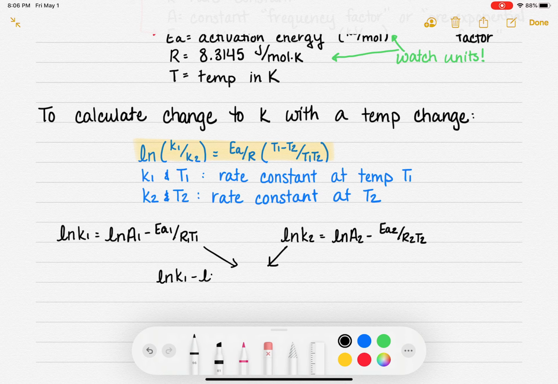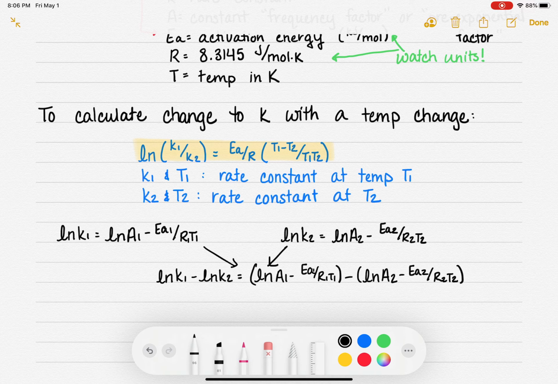So the natural log of K1 minus the natural log of K2 equals the natural log of A1 minus EA1 over R1 T1, minus ln A2 minus EA2 over R2 T2.